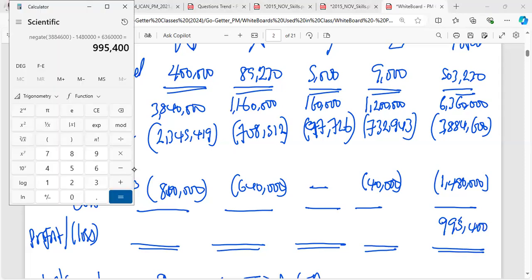We have 3,840,000 minus 2,345,419 minus 800,000. And that will give you 694,581.